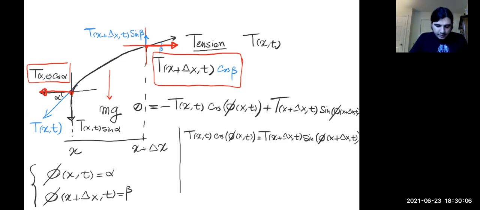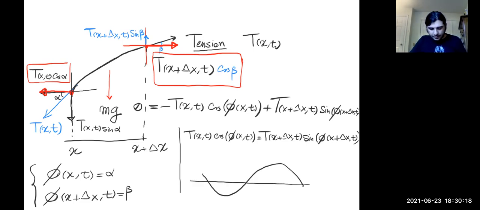Right, great. So if they are equal to each other, if I'm looking at my string, let's say the string is in some arbitrary position like that. If I look at it at the point x, and if I look at it at the point x plus delta x, this tells me that T at the point x times cosine of phi at the point x is equal to T at the point x plus delta x times cosine of phi at the point x plus delta x. Now, this is correct for every x. So I can take this one as x1, and let's call this x2.